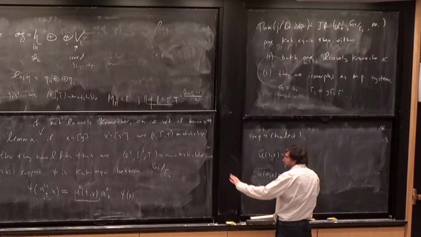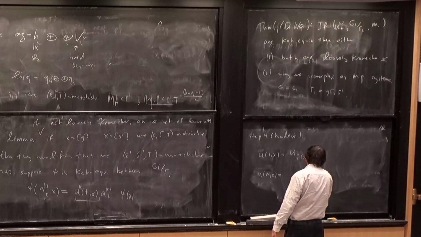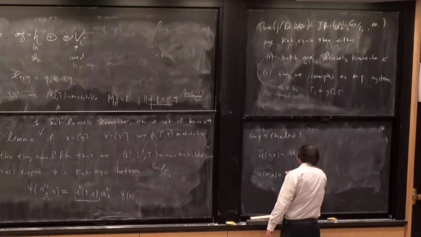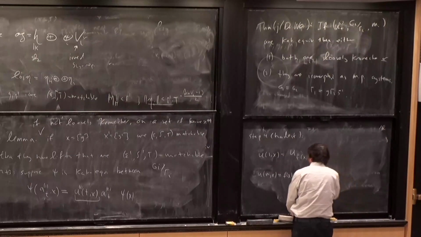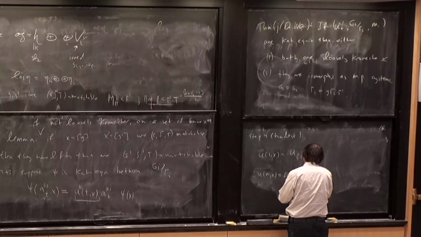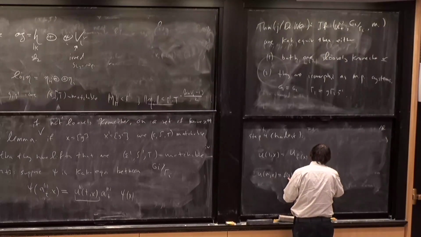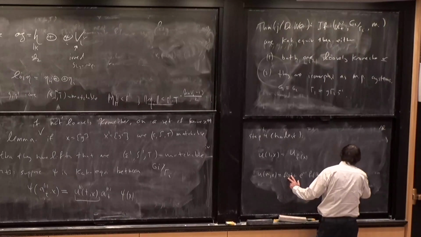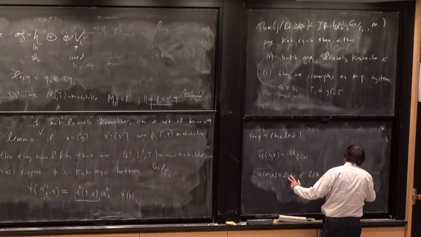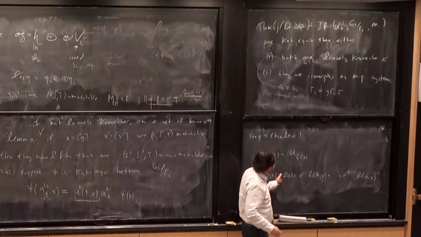If you work out what it means, it would be something like f of x plus, hopefully I got it right and it's not the other way around, e to the minus 1 f of a1 x plus e to the minus n plus 1 f of a^n x.